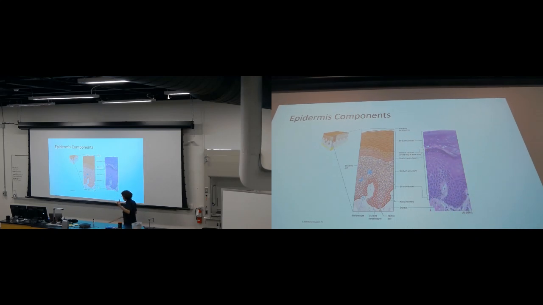So the first layer is the stratum basale. In this layer we have the stem cells that make these layers of cells. So these stem cells are keratinocytes that divide by mitosis. So in this mitosis, we have 4 stages of cell division.